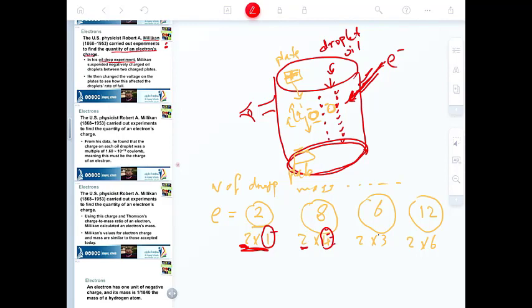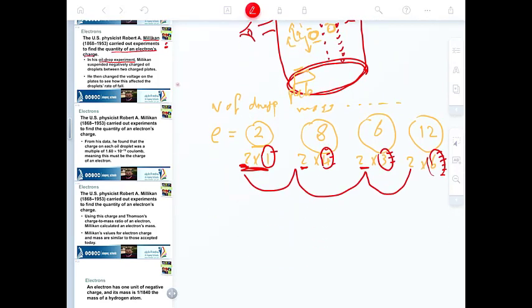Here there are 3 electrons on this droplet, and the value is 2 as well. Here the droplet has 6 electrons, times 2 makes 12. It means this repeated number here is the value of the charge.